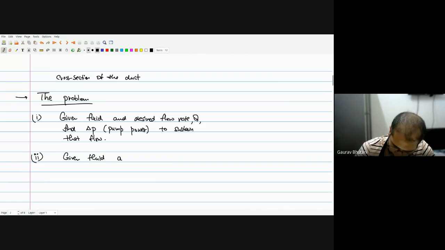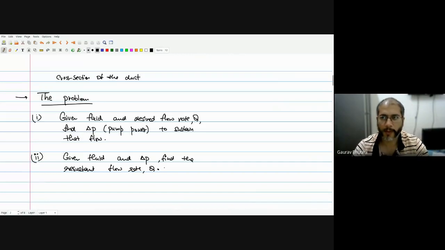So given a fluid and the pressure drop delta P, that is, what pressure drop your pump can create, you would want to find the resultant discharge. Q is also called discharge. It's the flow rate. So that's the second kind of problem you want to solve.